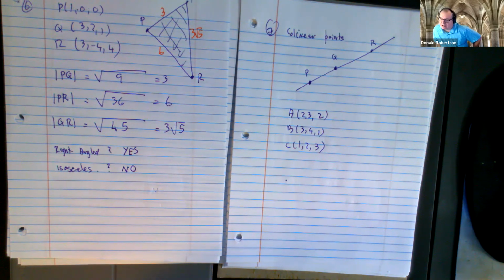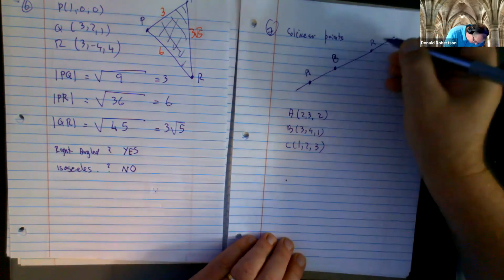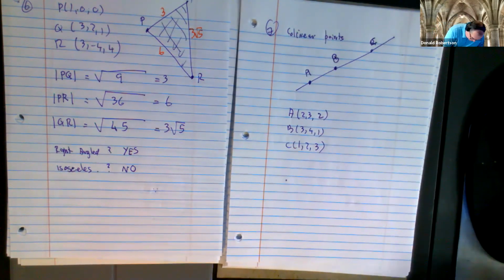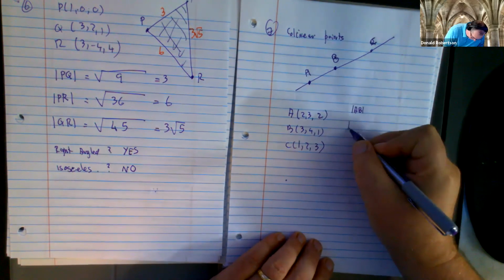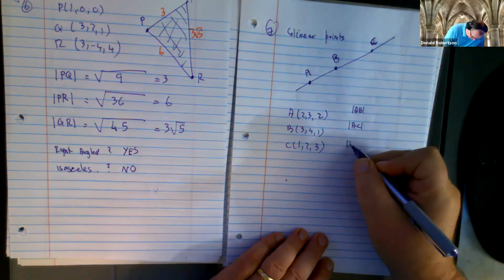So we're going to do it with distances. I've just called these A, B, and C, and P, Q, and R, so I better rename my lettering. Right, A, B, and C. Now, I'm going to find the length of AB. I'm going to find the length of AC. I'm going to find the length of BC.